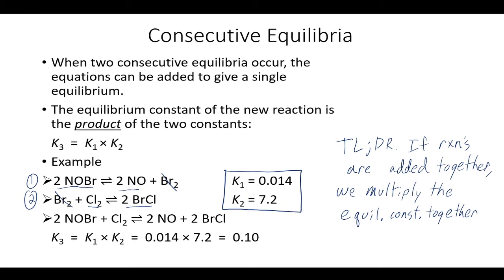I simply multiplied K1 times K2, 0.014 times 7.2, to get 0.10. They're all dimensionless, these equilibrium constants, so the answer would just be 0.1. The equilibrium constant of this new reaction is the product of the two equilibrium constants for the reactions I added together. This is usually really useful in calculating equilibrium constants of more complex reactions from simple steps.